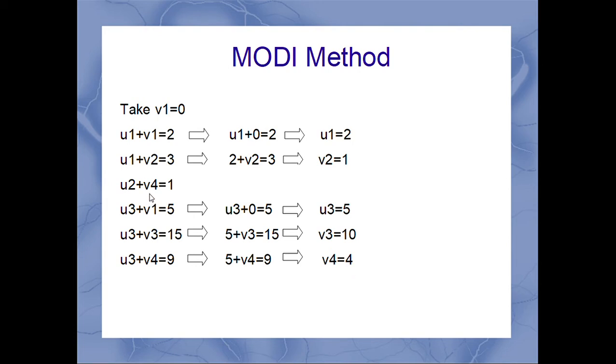Substituting v4 equal to 4 here, we get u2 equal to minus 3.